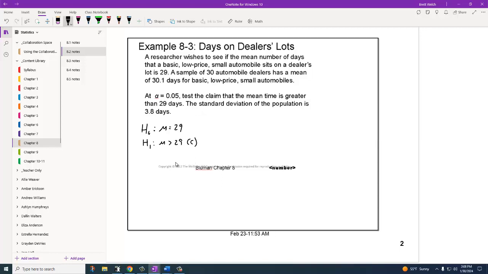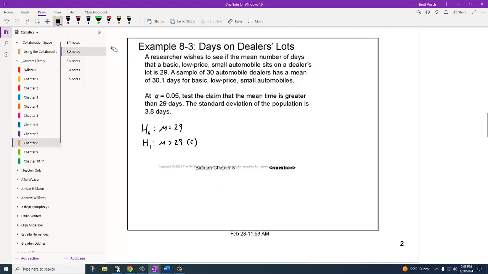If I were reading this question and it didn't say test the claim, I would simply say that the researcher was focused on it being equal to 29, and I would make the null hypothesis my claim. But he didn't do that. He very specifically said test this claim.